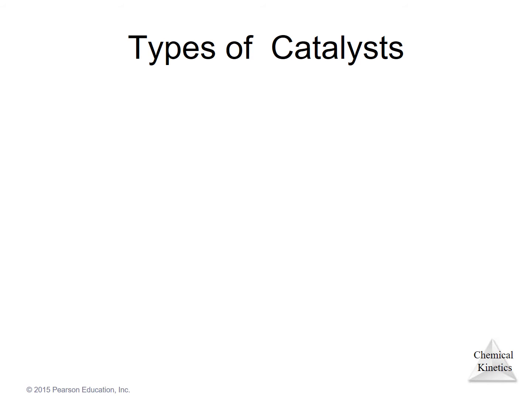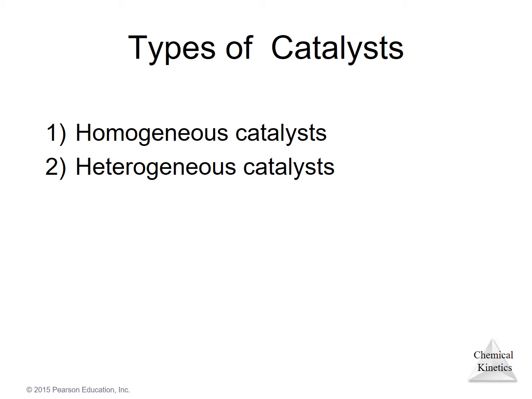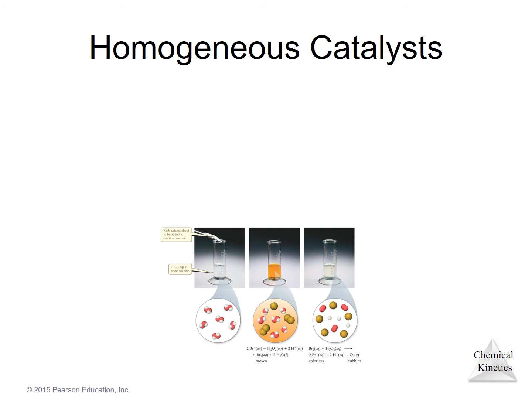In this chapter, there are three types of catalysts that are discussed: homogeneous catalysts, heterogeneous catalysts, and a special category for biological molecules called enzymes. Homogeneous catalysts are simply things that are mixed with the reactants in a homogeneous solution.